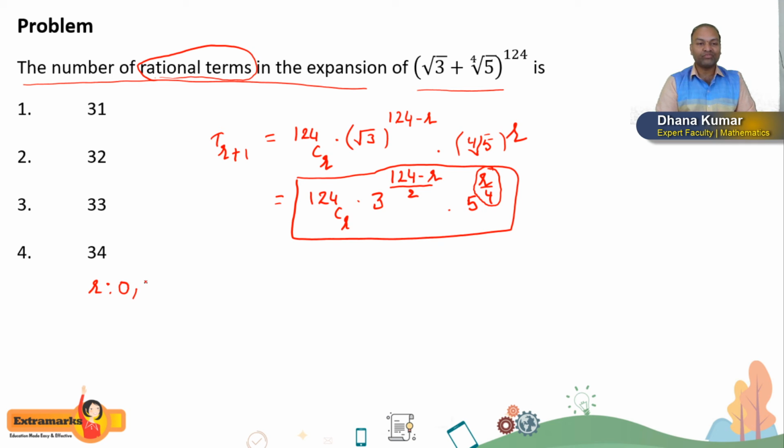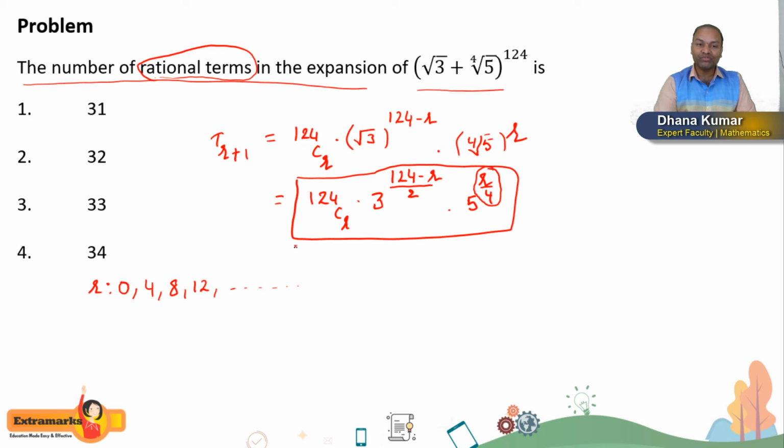Then next, multiples of 4. 4 ones are 4. So if you take r equal to 4, 4 by 4 is 1, an integer, so it is a rational number. That's why I said 4 multiples: 4, 4 twos are 8, 4 threes are 12, and so on up to 124. Is 124 a multiple of 4 or not?